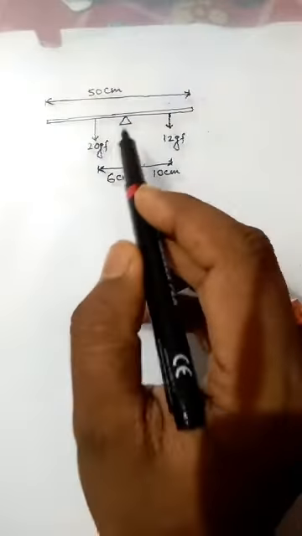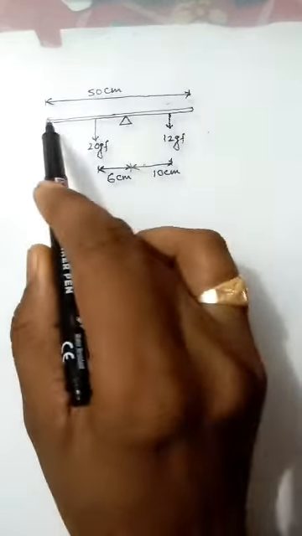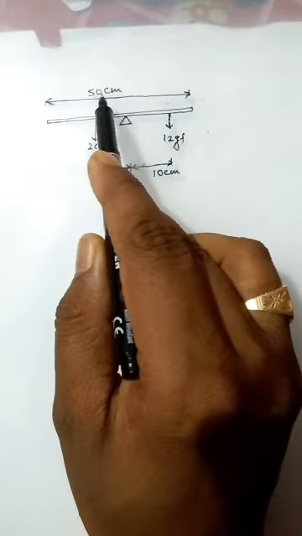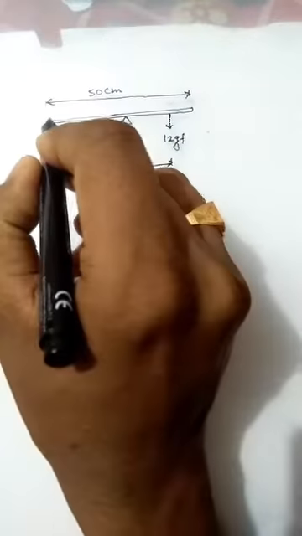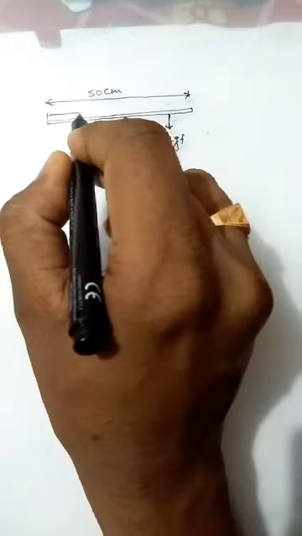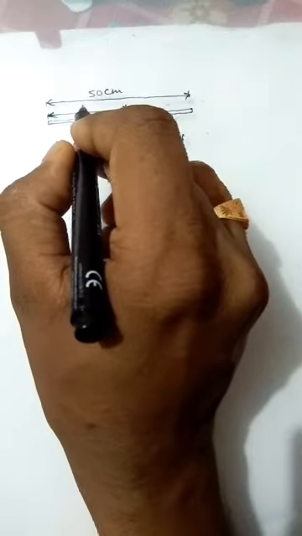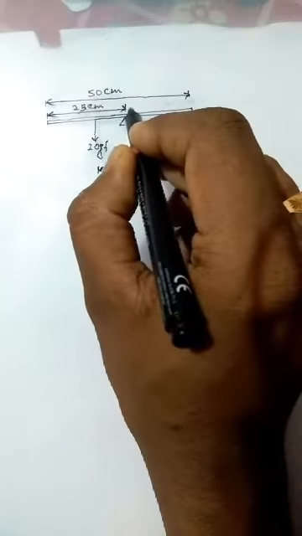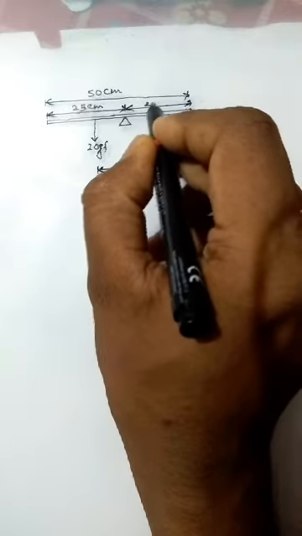This is the diagram in which this is the half meter scale. Half meter means the length of the scale is 50 centimeter, which is pivoted at the middle, which means the distance between these two points is 25 centimeter, and this is again 25 centimeter.